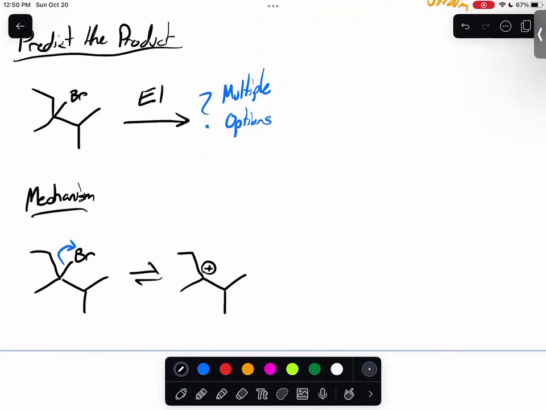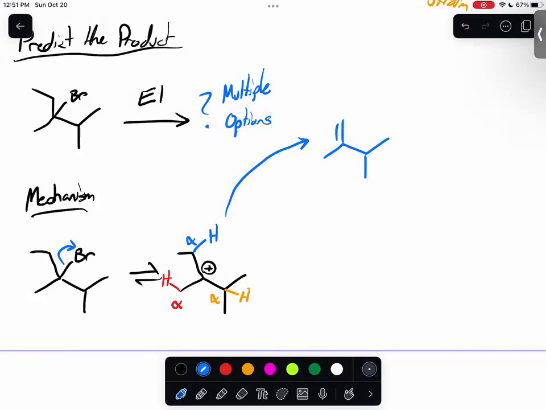But looking at this, we have multiple different alpha carbons, and all of those alpha carbons have different alpha hydrogens attached. What this does is lead to multiple different types of products. If we were to take the blue proton, this one would be di- or trisubstituted, and it could actually be either E or Z, because it has those two options in terms of forming the alkene.